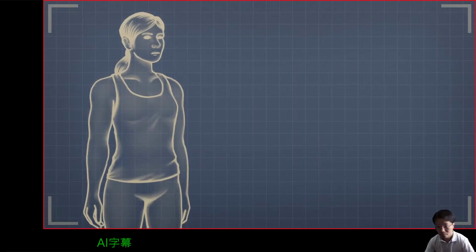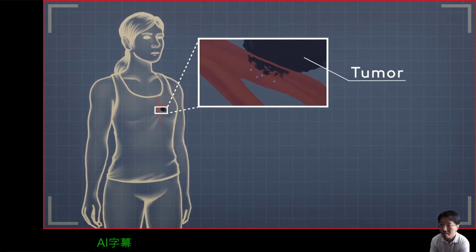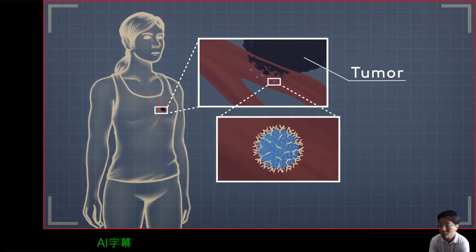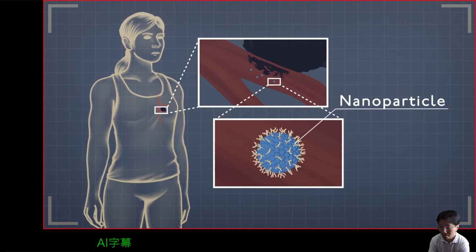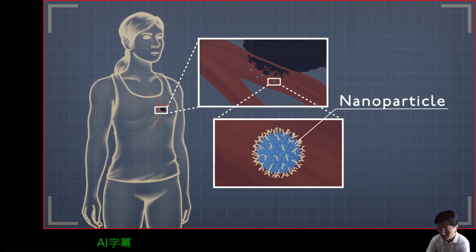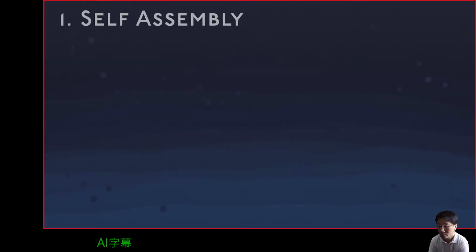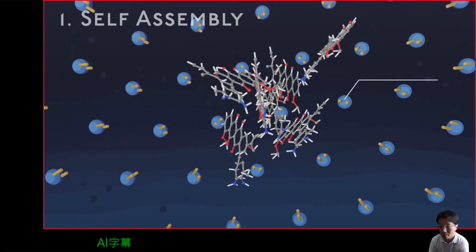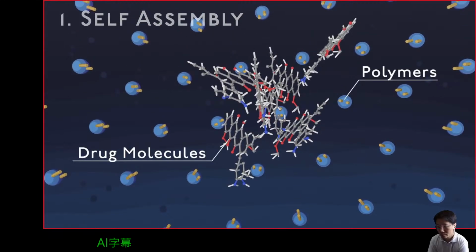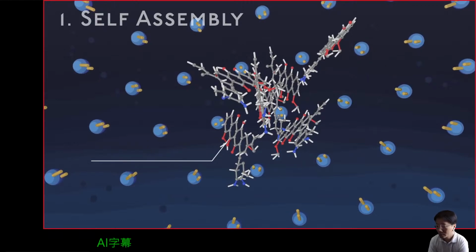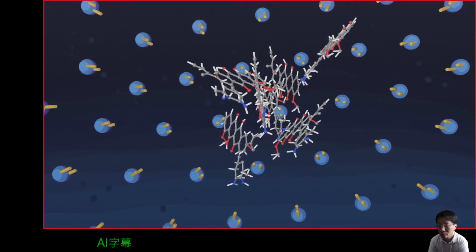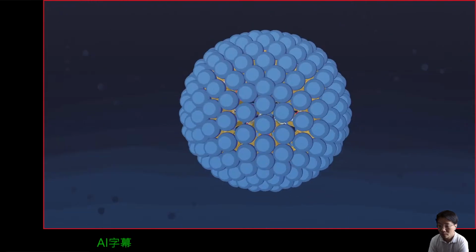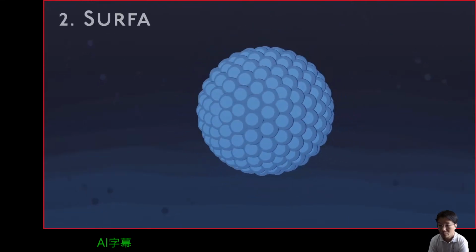This is Holly Grant. Unfortunately, Holly has a tumor, but recent advancements in nanotechnology now allow nanoparticles to help patients like Holly. Let's explore how nanoparticles are formed and their purpose. To create the nanoparticle, large molecules called polymers and drug molecules are placed together in a reaction pool. After controlling chemical properties such as the pH value, the polymers wrap around the drug molecules and form the nanoparticle.